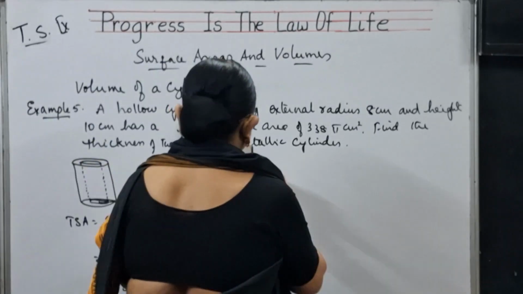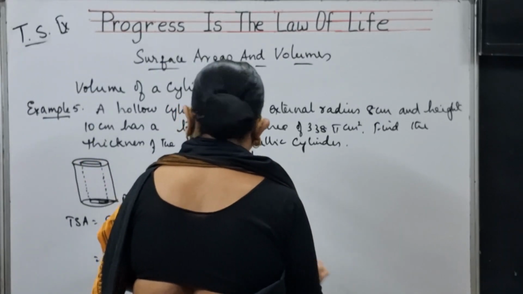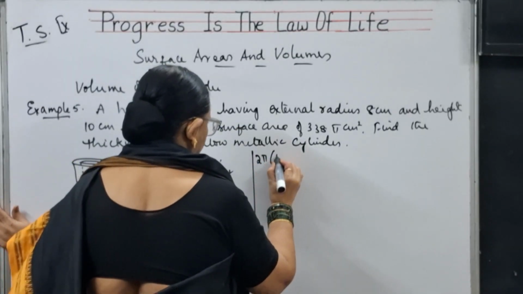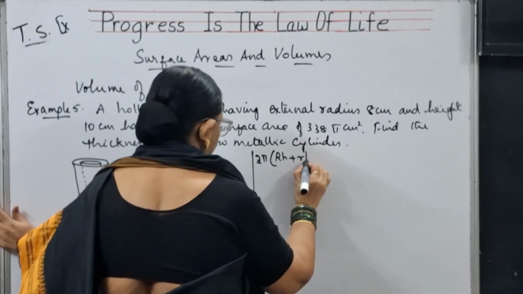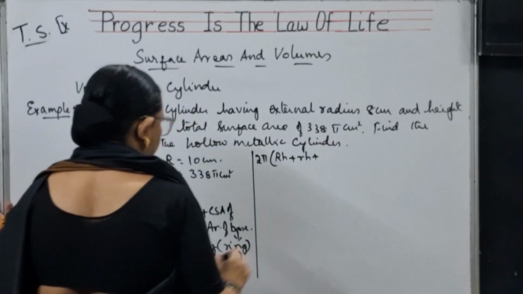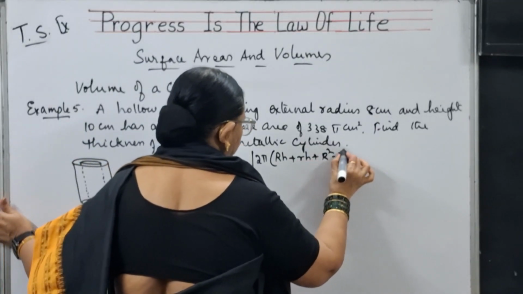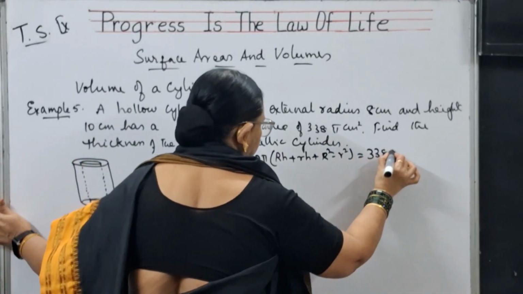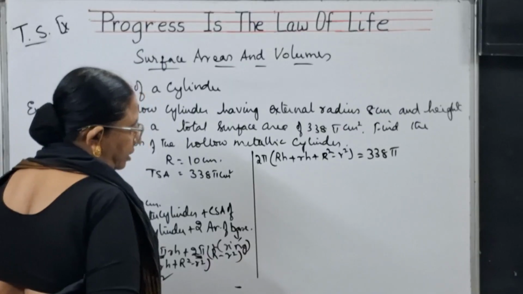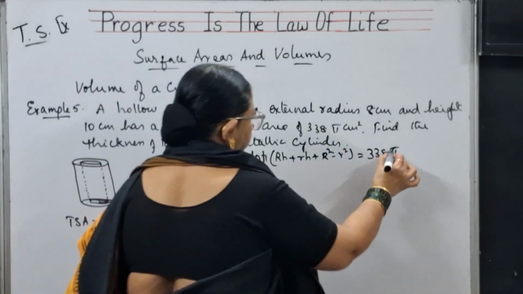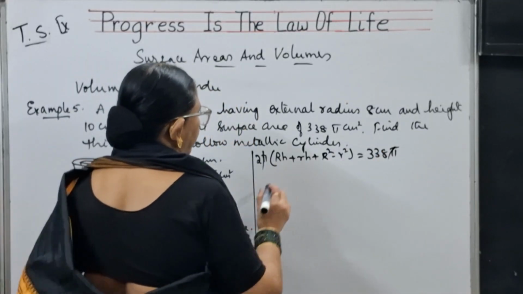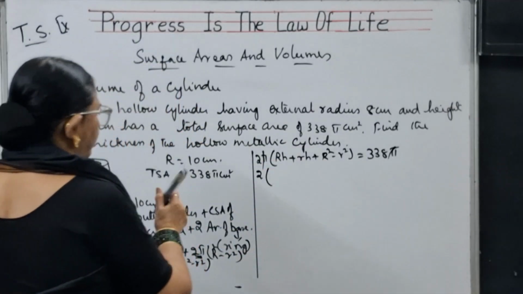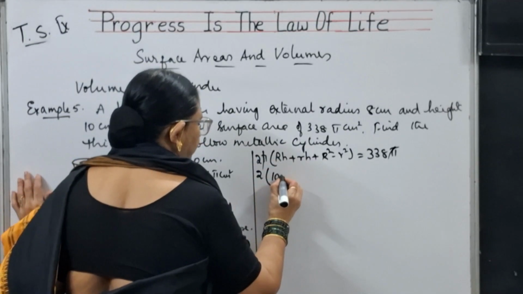So how will you write this? 2 pi into RH plus RH plus R square minus r square is equal to 338 pi. So this pi and this pi can be cancelled, and 2 into, what is RH? Capital R is 10 into height.